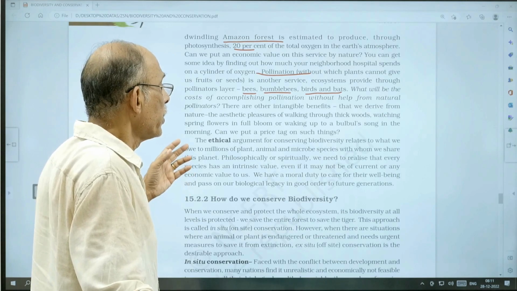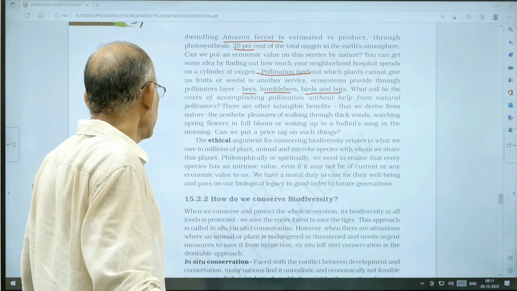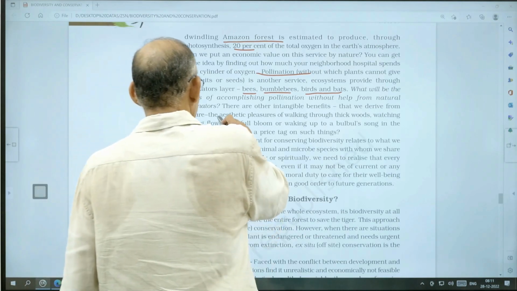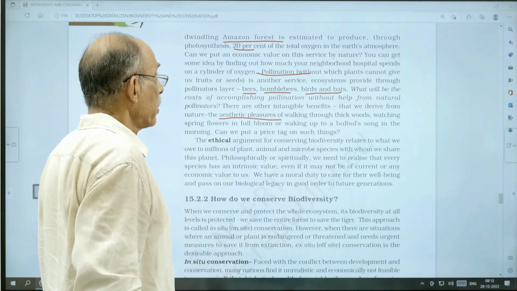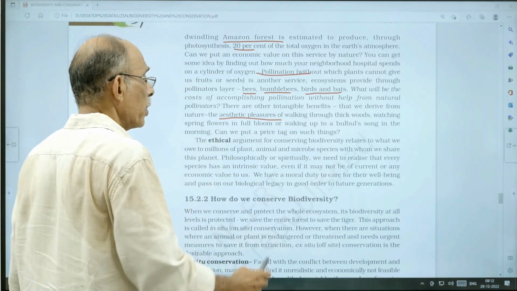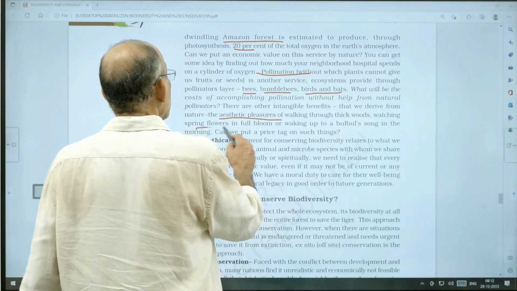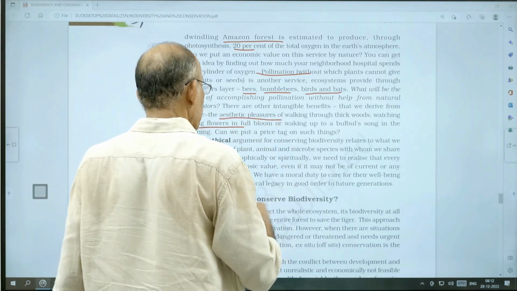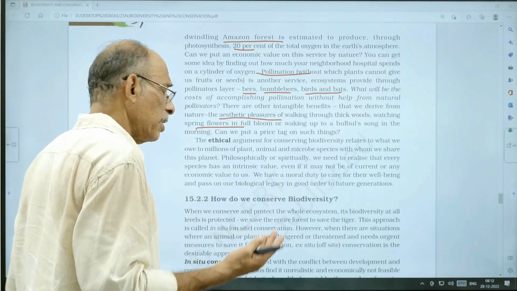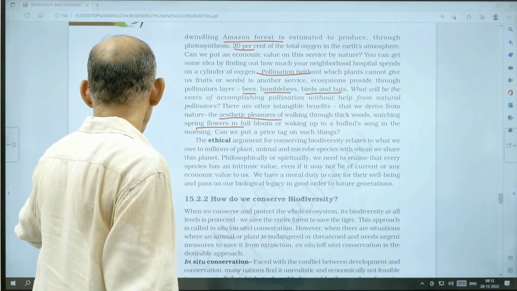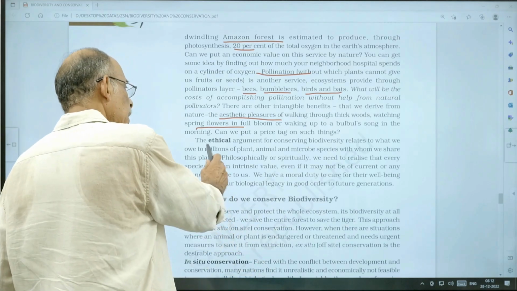So that is another thing. The next is aesthetic pleasure: the mental pleasure of walking through a thick forest, watching flowers bloom, or watching a seashore. So that is aesthetic pleasure. The fourth one is the ethical argument.